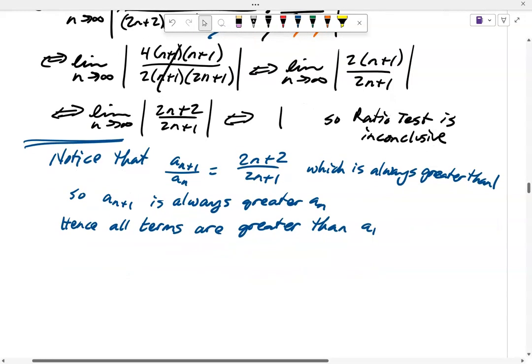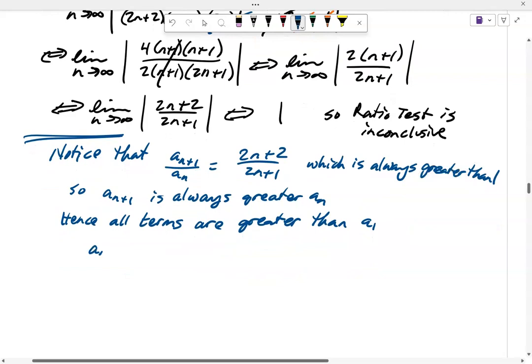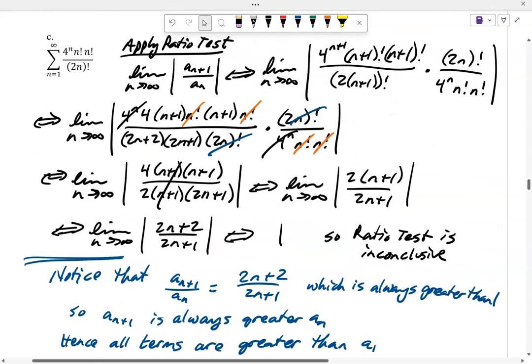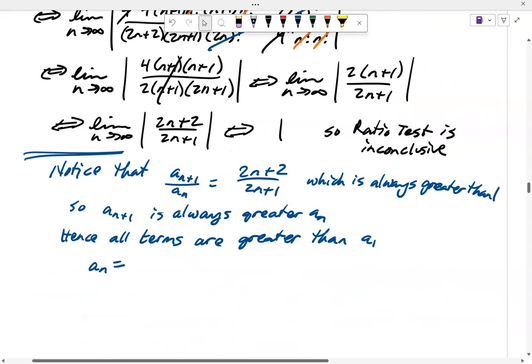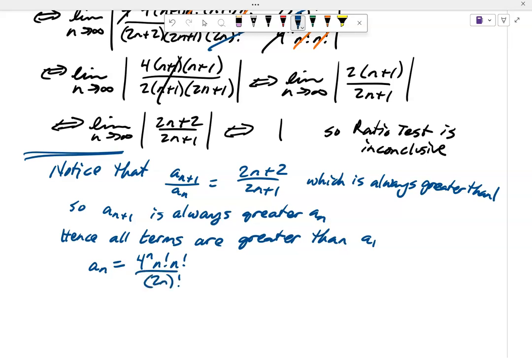Hence, all terms are going to be greater than the first term. And our first term, so a_n was 4^n (n factorial)(n factorial) over (2n) factorial. So the first term is 4 to the 1 times 1 factorial squared over 2 times 1 factorial.